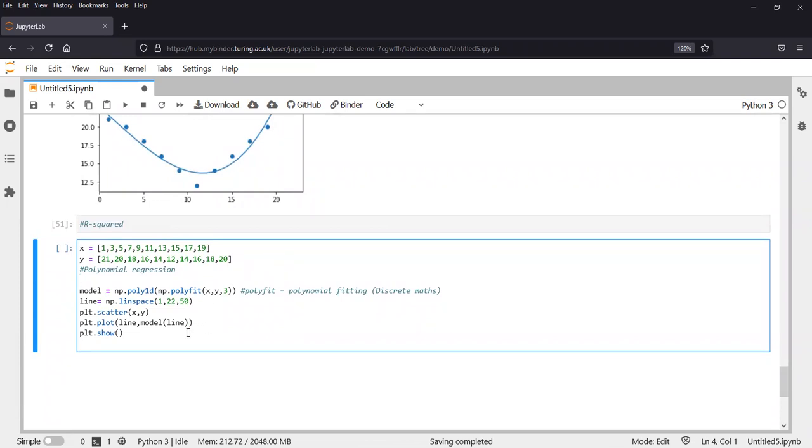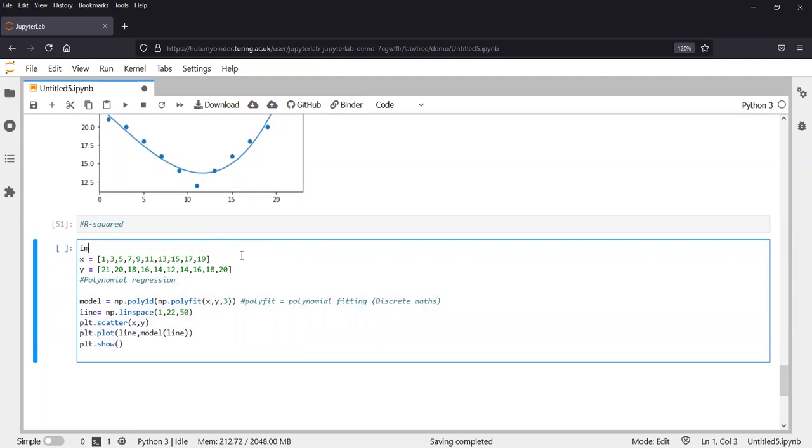You need to import one thing, I forgot. You need to import from sklearn.metrics r2_score, because we need to use this method.